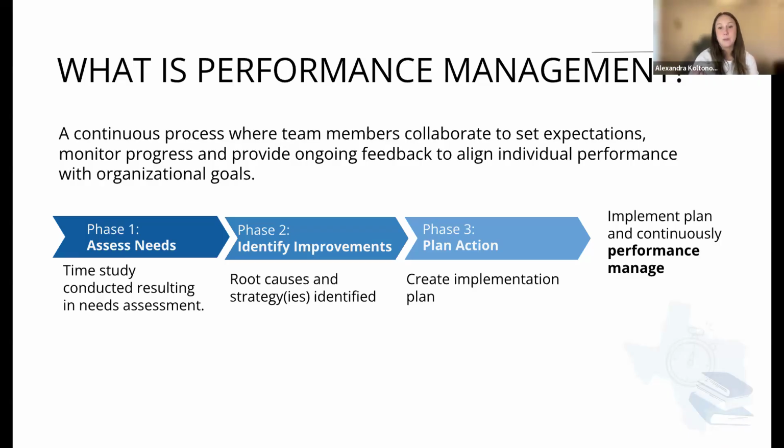When we talk about performance management, we're going to talk about both performance management routines, so the actual processes, and then also performance management tools, so the actual systems that we use. And we're going to break those up and then provide you some tools that you can use to really operationalize and put into practice.